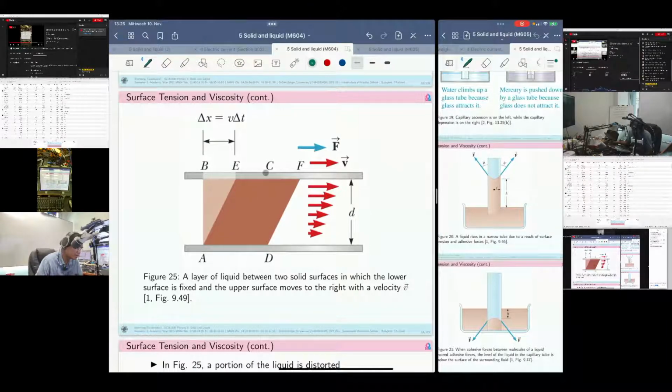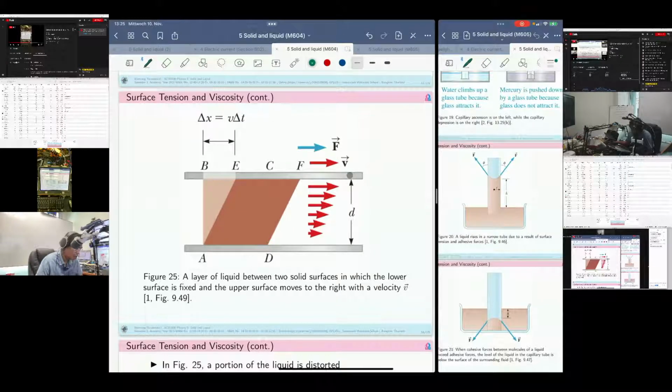The liquid just stays upright, and when you pull this flat plane to the right, the liquid on the lower plane doesn't move, but this one is going to move because it is attached to this plane, and it's going to move to the right the same as the plane.